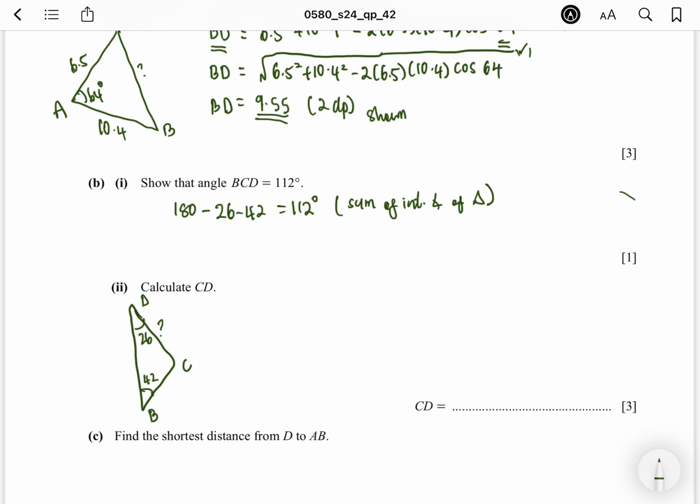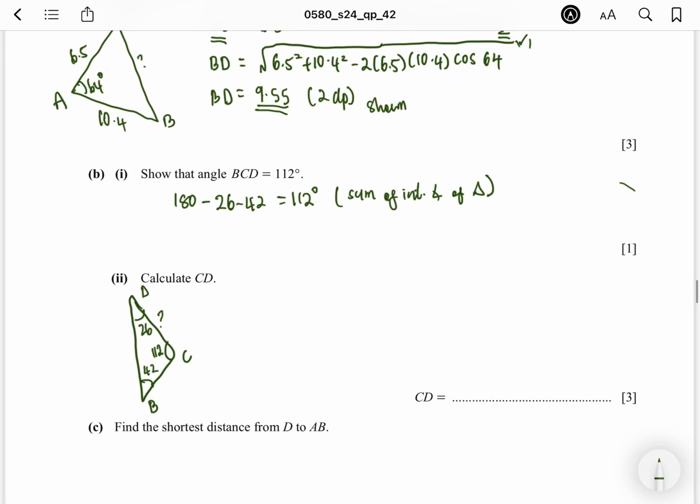However, to use the sine rule, do we know this? Yes. Which one? The one being sought, 112.